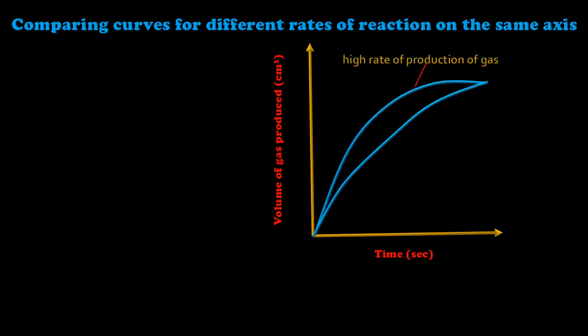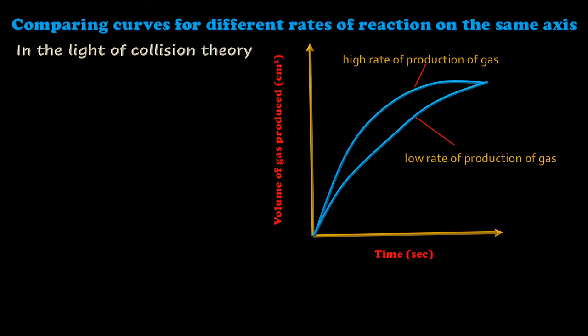If we combine the two curves in one grid, the steeper curve will show a high rate of production of gas, while the gentle curve will represent a low rate of production of gas. Remember, when talking about the rate of a chemical reaction, it's important that we look at it in the light of collision theory.